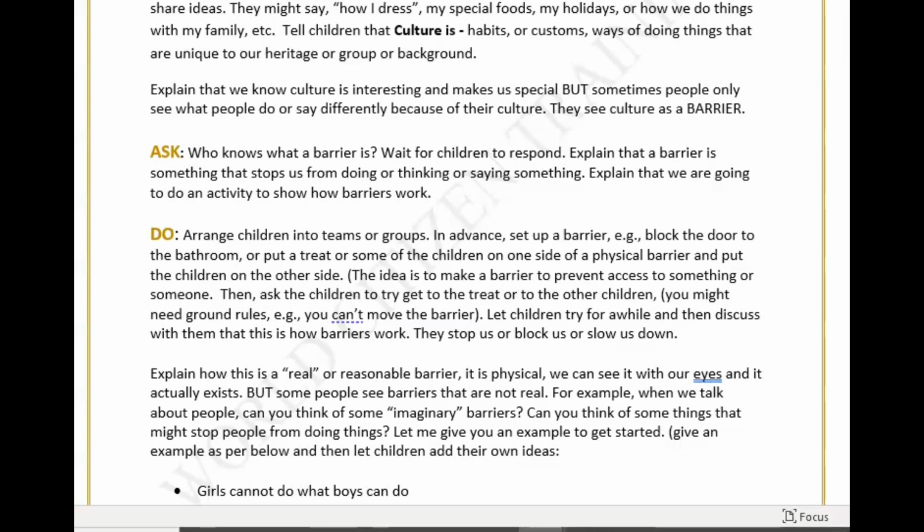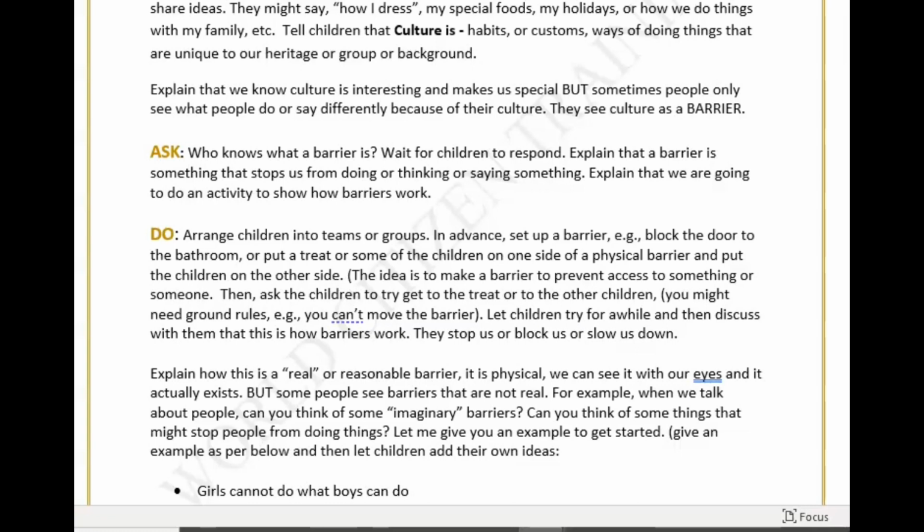So if you put children in one room and the wall that separates another room is the barrier, sometimes they'll knock on the wall in different patterns to send a message, knock, knock, and the other side knocks back. And this is interesting because we can start talking about how there are different ways to communicate across barriers.